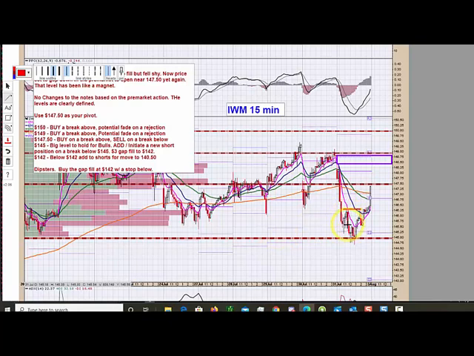When price moved down and hit 145, it gave you an hour and 15 minutes to close your short against support.